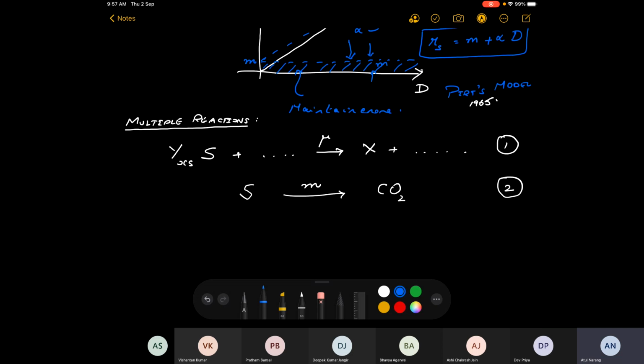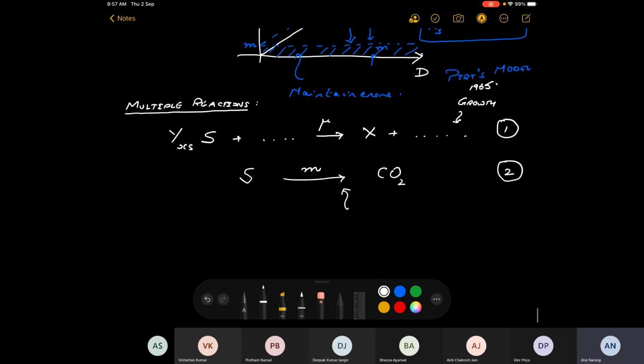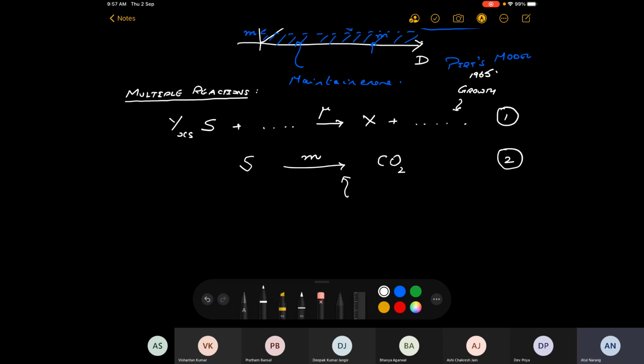The first reaction here is growth, which is what we have considered until now. And this second reaction, to make things more general, you might put over here S plus O2, and it burns to energy in some way, shape, or form. And this is what he calls maintenance.